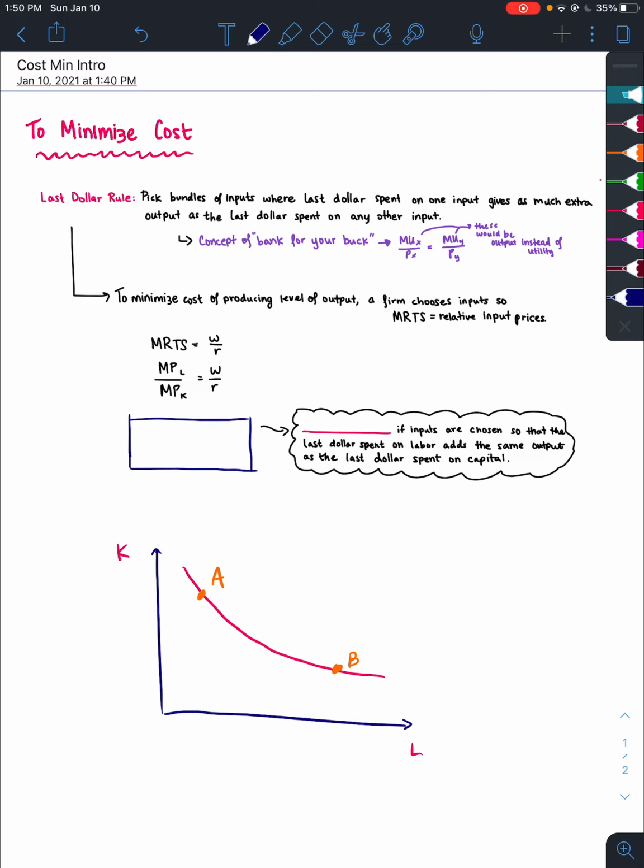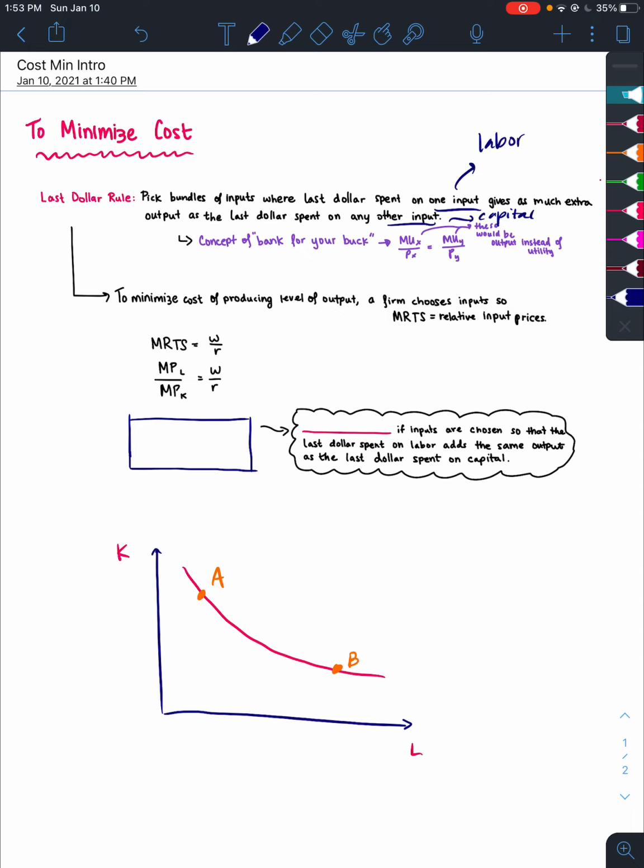So the last dollar spent on one input, maybe it's just labor, gives us as much extra output as the last dollar spent on any other input. Maybe that could be something like capital. And so that is really the concept of bang for your buck.